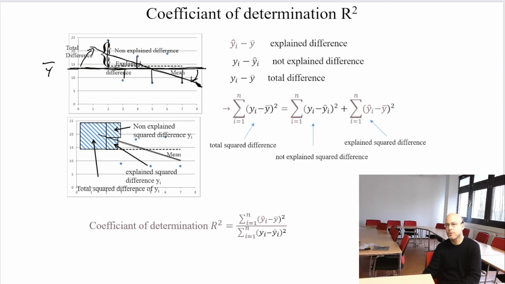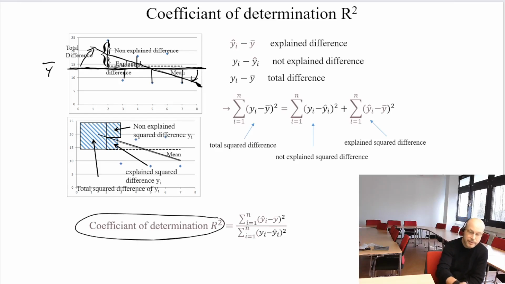Then we can show that this coefficient of determination, which is just the squared correlation coefficient, is the sum of our theoretical data points minus the average, squared, divided by the sum of all distances with respect to, oh, this is wrong, sorry, this has to be y bar and not y hat.